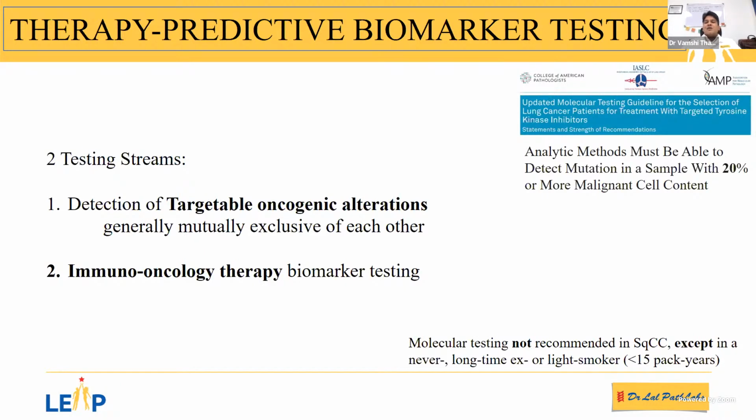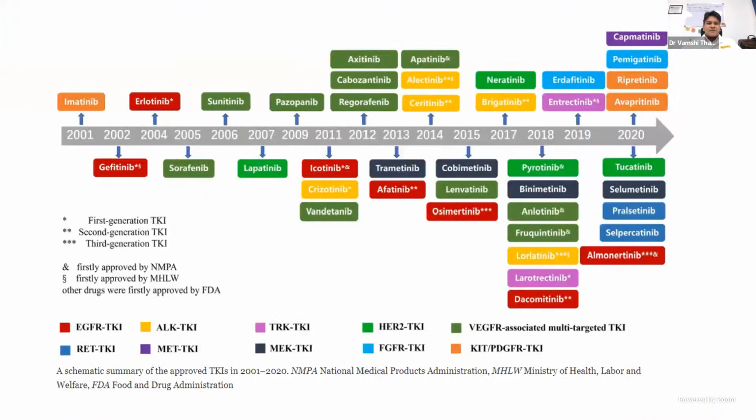And if there is a smoker or a light smoker, or somebody where we have not really got the adenocarcinoma component because of tumor heterogeneity, or an adenosquamous cell carcinoma, then we go for these targetable alteration testings.